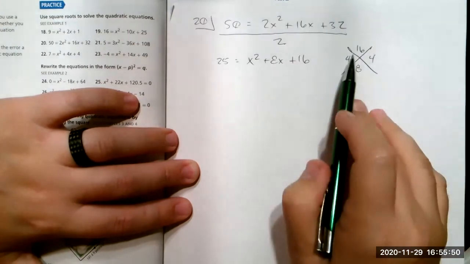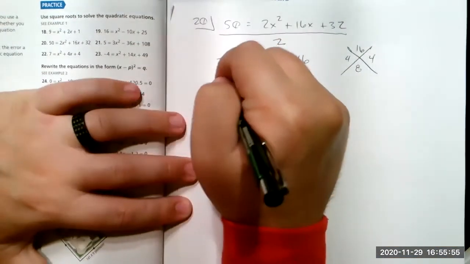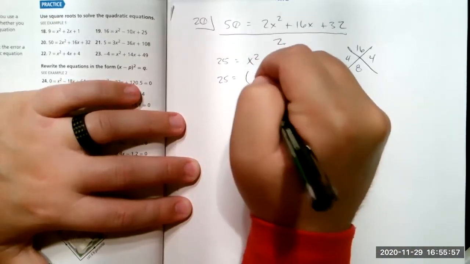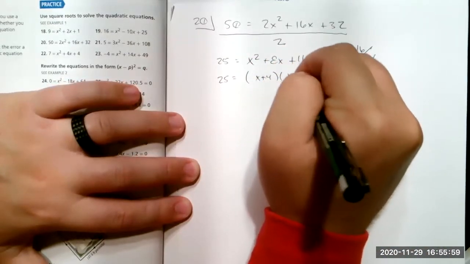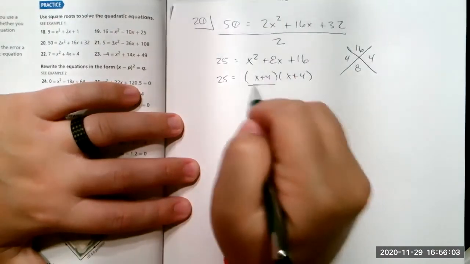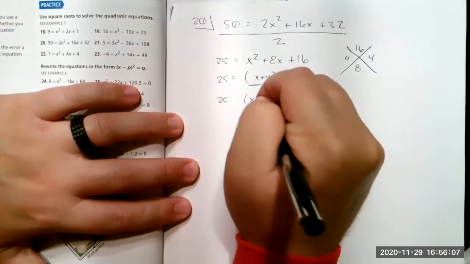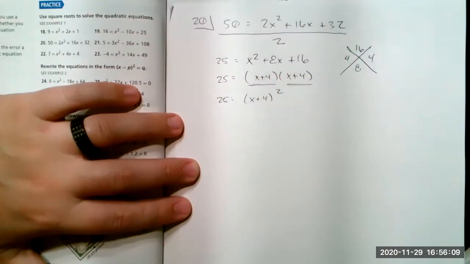Again, no big surprise. Those two numbers are exactly the same. So what I have here is 25 equals x plus 4 times x plus 4. But since these two things are exactly the same, I can rewrite this as x plus 4 squared.